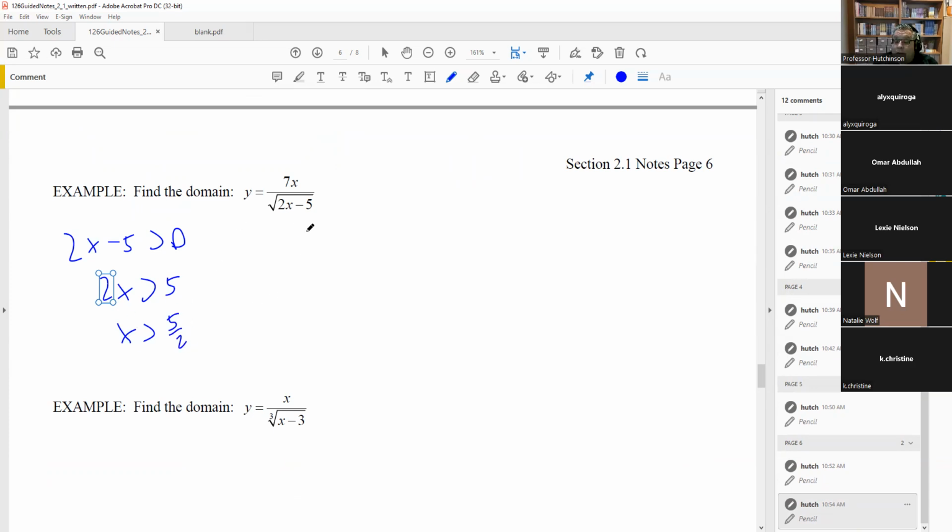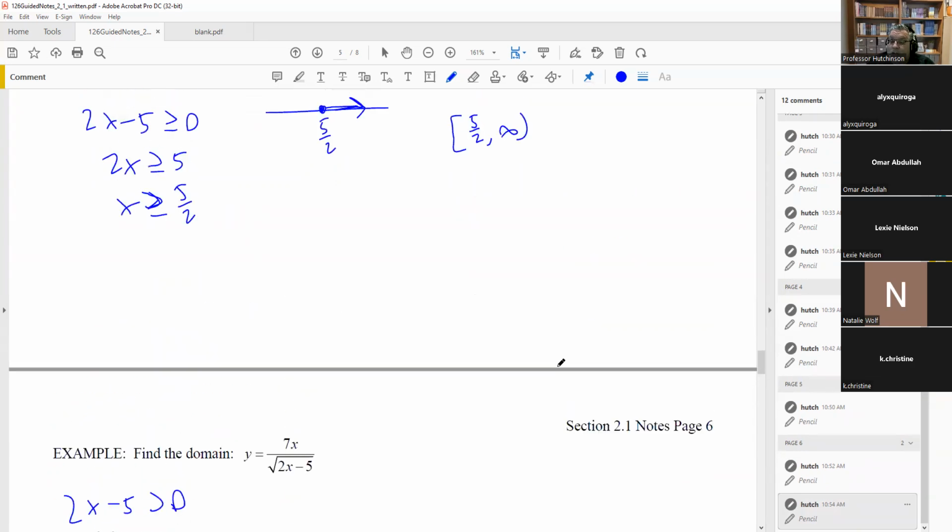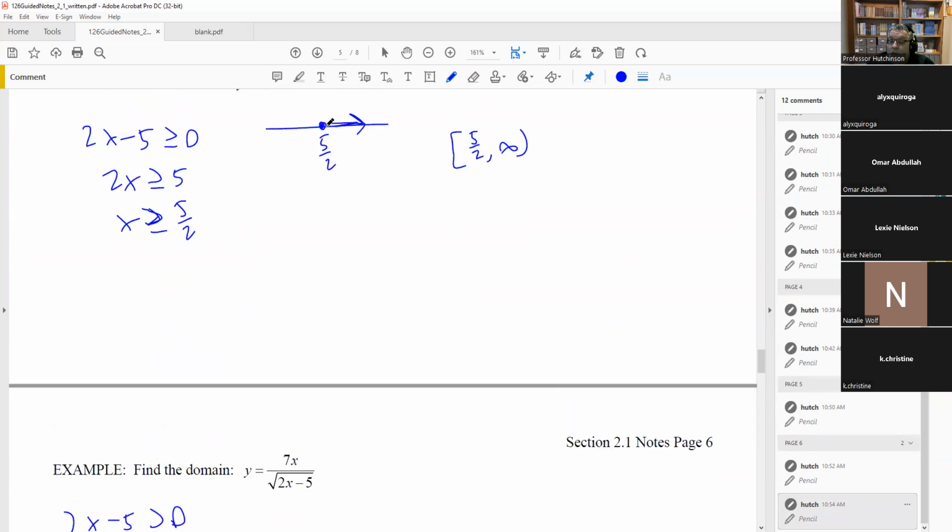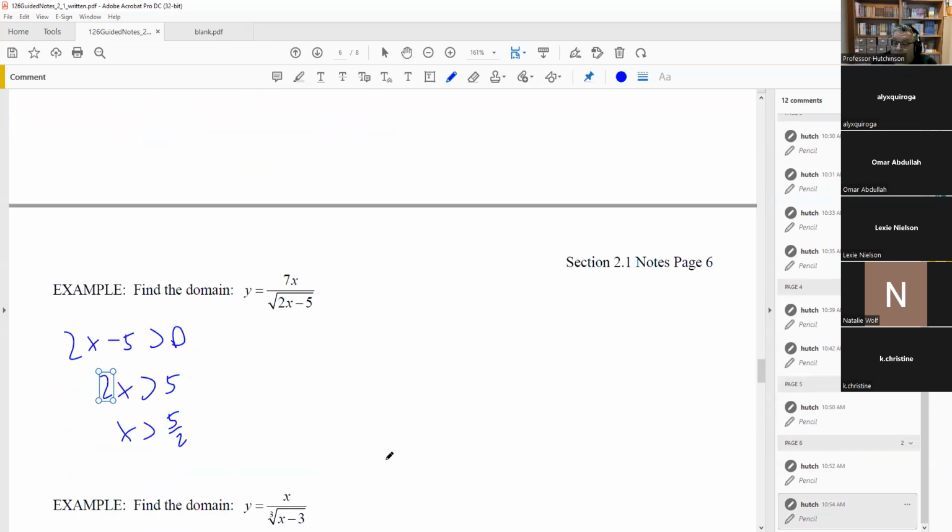So this means that it's going to be almost the same as the answer we had up here, except that instead of a bracket, we're going to have a parenthesis. So parenthesis 5/2, comma, infinity. If you have a greater than symbol, we've got to use a parenthesis on that. So it's going to go from 5/2 all the way up to infinity.